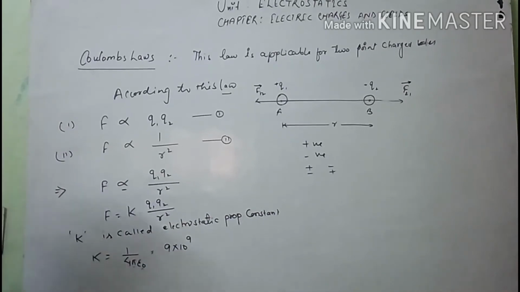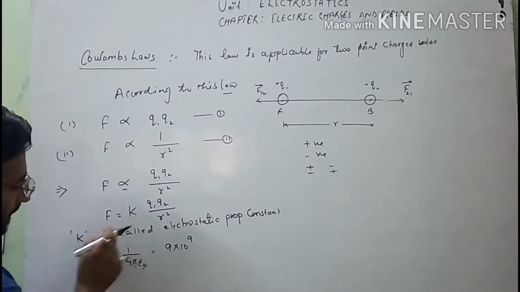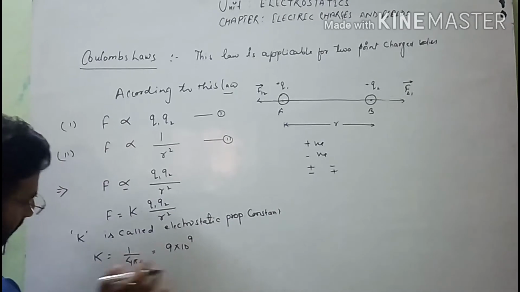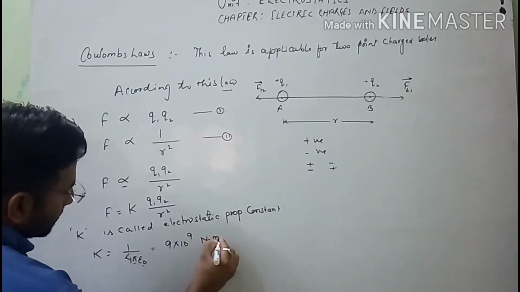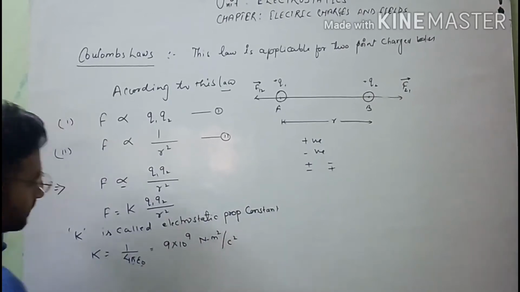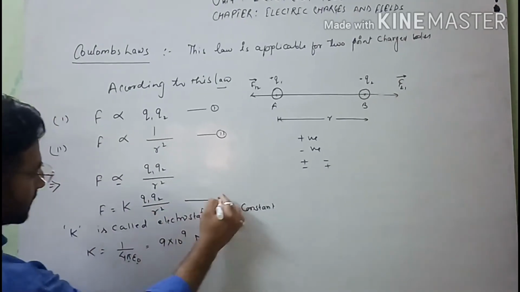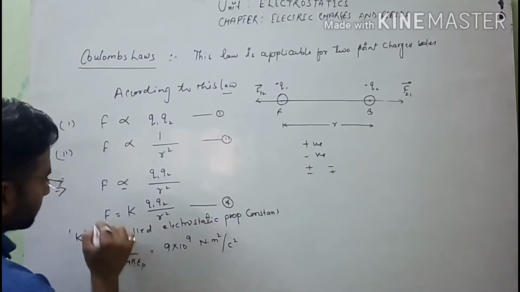If I write the unit also, then the value of K is 9 into 10 raised to the power 9 Newton meter square per Coulomb square.